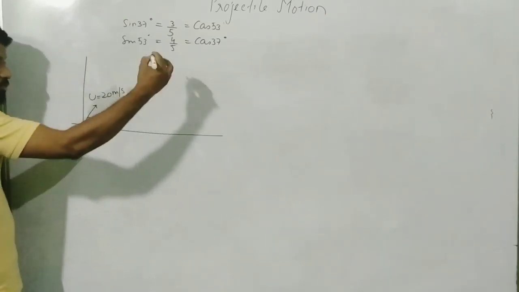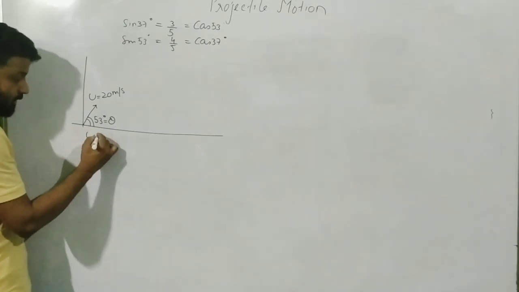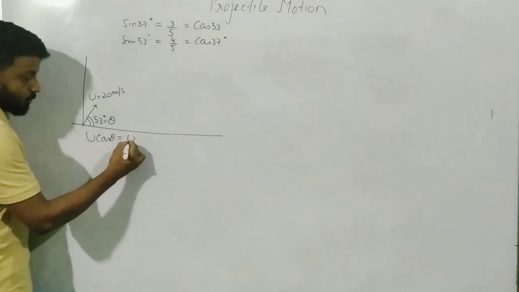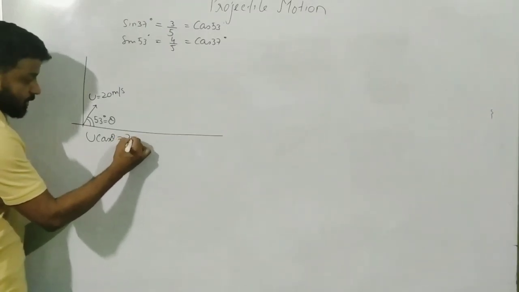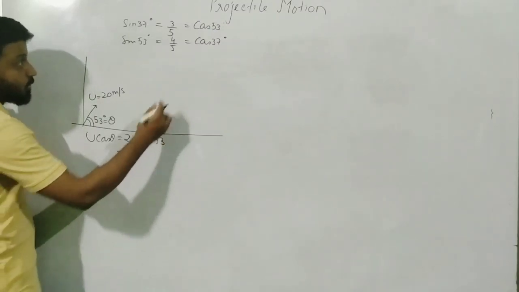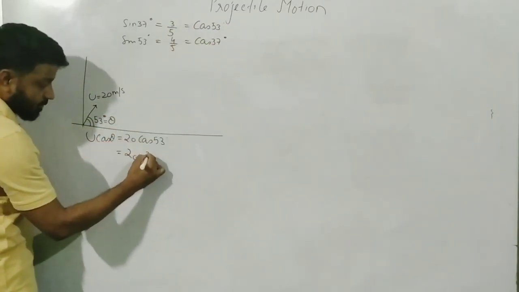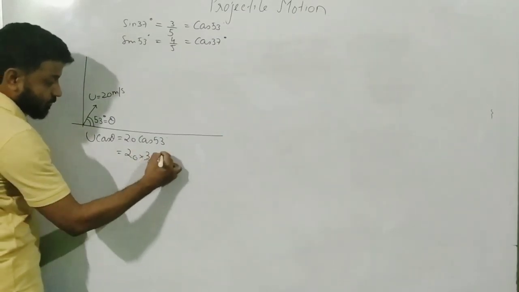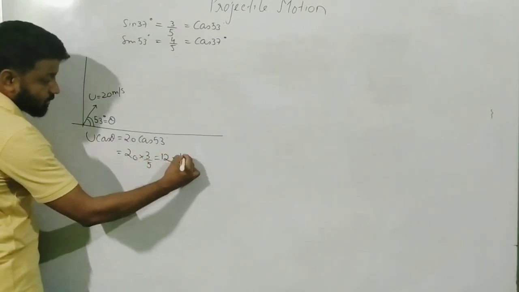So before we proceed to the question, let us find these two things. What is my u cos theta? u cos theta will be equal to u is 20 cos 53. And that is equal to 20 times cos 53 is 3 by 5. That is 5 4s are 20, and 4 3s are 12. So the answer is 12 meter per second.